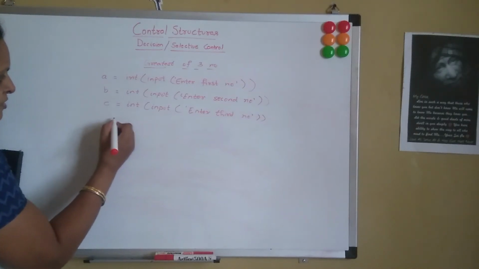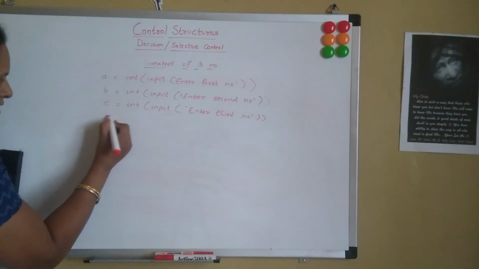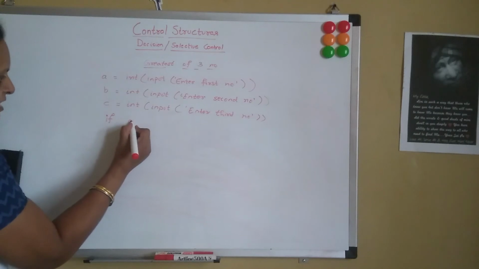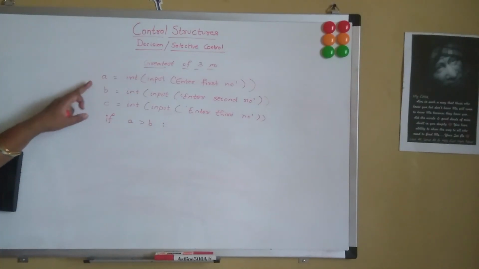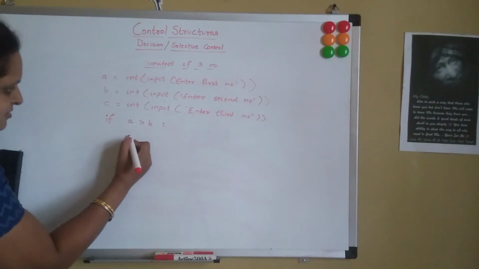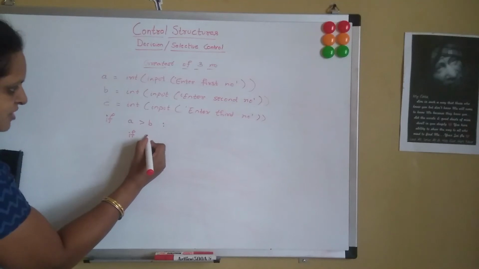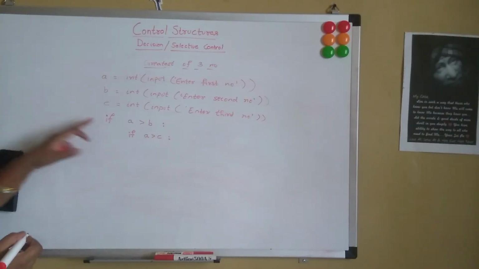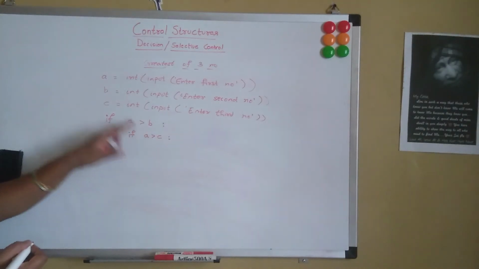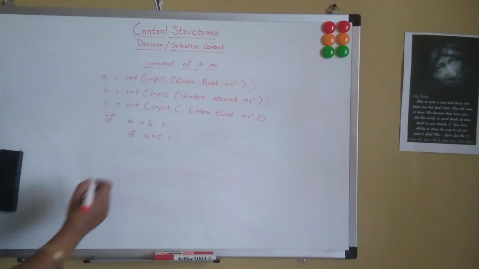So the code is, if a greater than b, then I am writing another if, which is a case of nested if. If a greater than c, initially I am checking if a is greater than b and then a is greater than c.